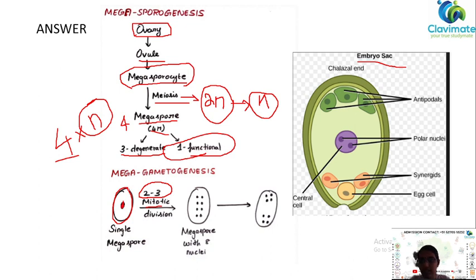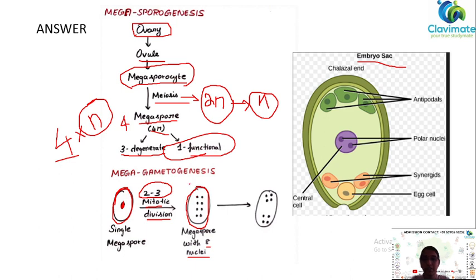So this is the cell. The cell remains a single cell, and then this nucleus will undergo mitotic division and form a megaspore with 8 nuclei.